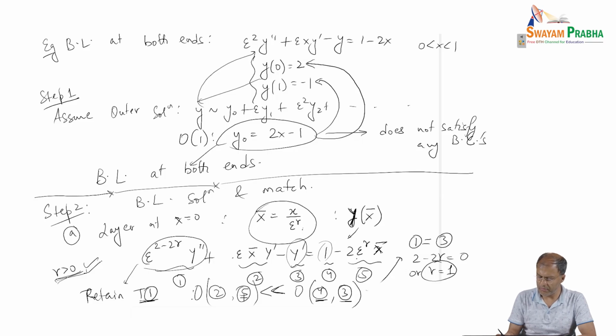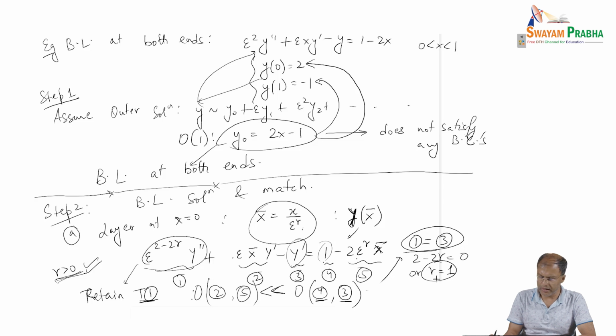And now term number 2 and 5 are already of order less than term number 3, and term number 4 is also of the order of term number 3. So this is going to work, right? So 1 matching with 3 is going to work.